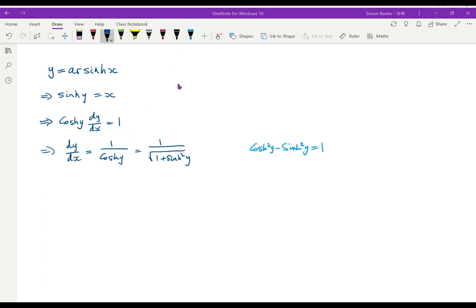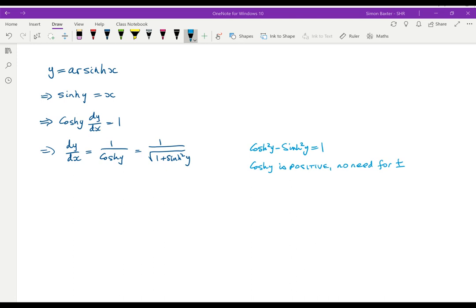Think a little bit about cosh y. Cosh y is positive, so we don't need plus or minus. Cosh y is positive, therefore we must just have plus.